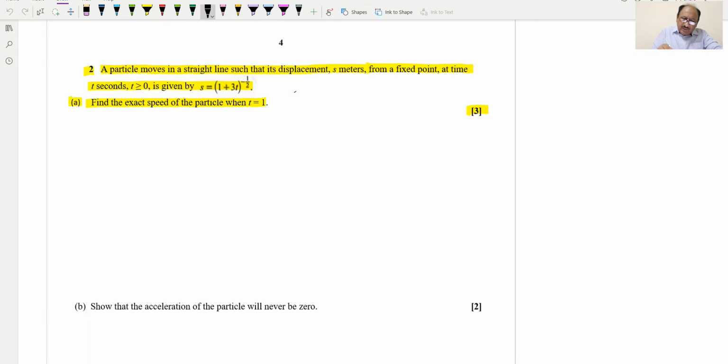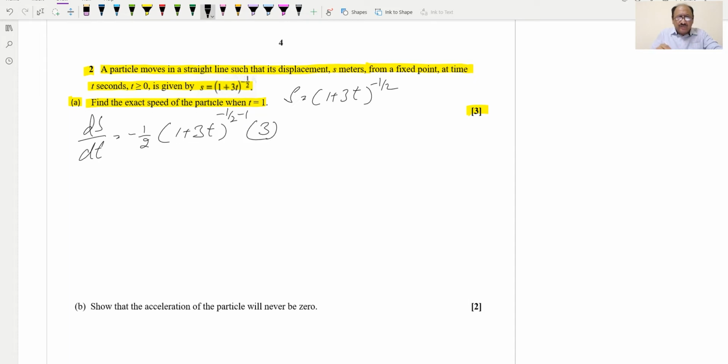So s is equal to (1 plus 3t) raised to the power minus 1/2. So ds/dt will be equal to, we take the derivative, the power will be pulled first. So minus 1/2 into (1 plus 3t) raised to the power minus 1/2 minus 1, and into the derivative of this inner portion, which is 3.